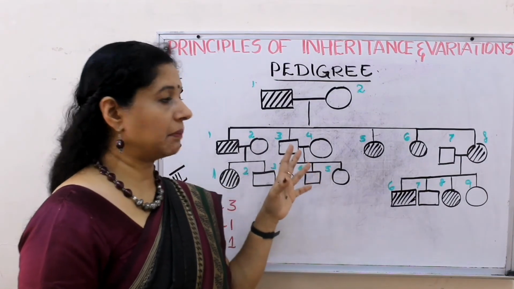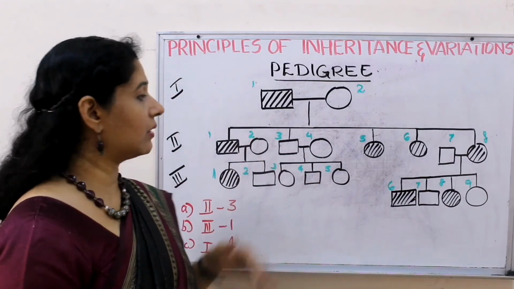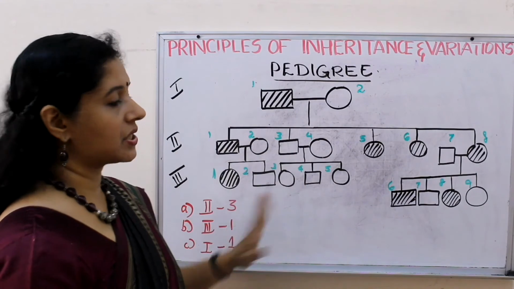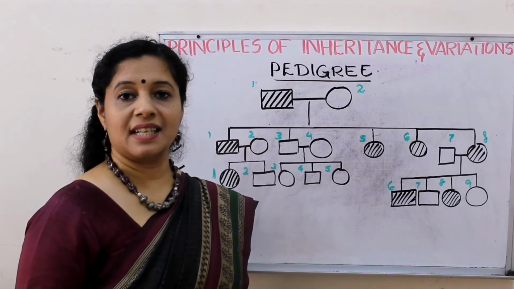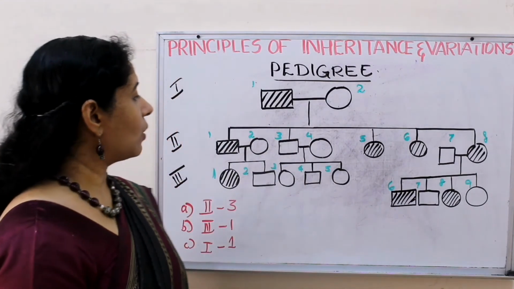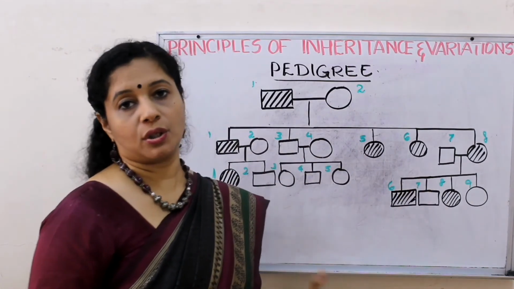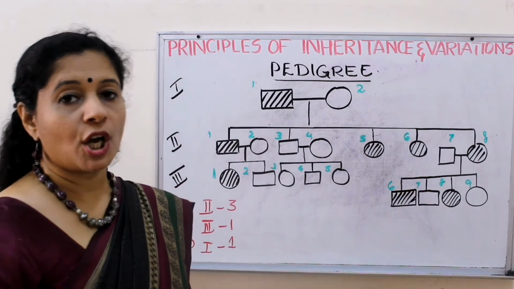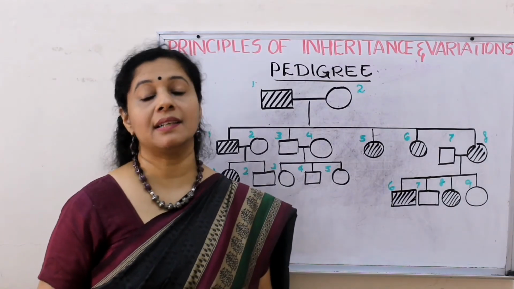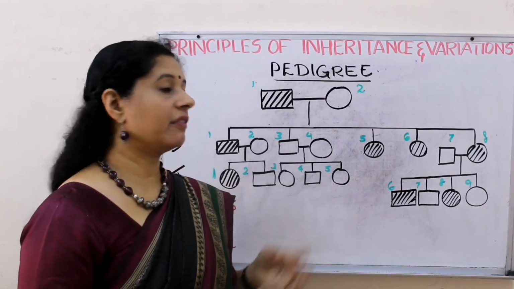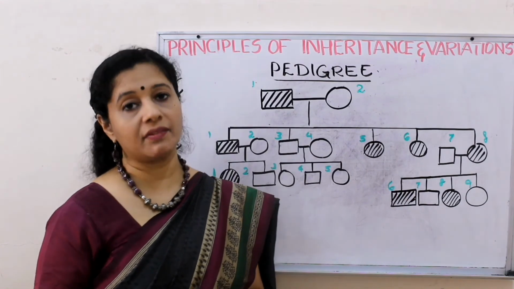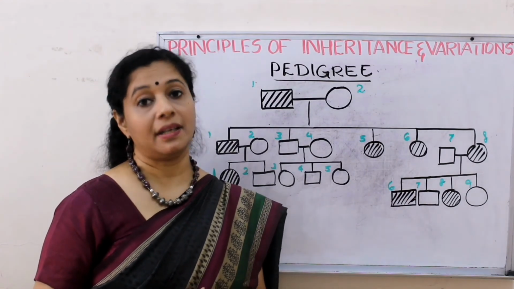So it's rather easy to find out because in all the generations it is affected, so it is obviously dominant, right? And also male and female are affected in the same generation, so autosomal. So it's an example of an autosomal dominant trait. It's actually a pedigree of a disease called Huntington's chorea, which is an autosomal dominant trait.